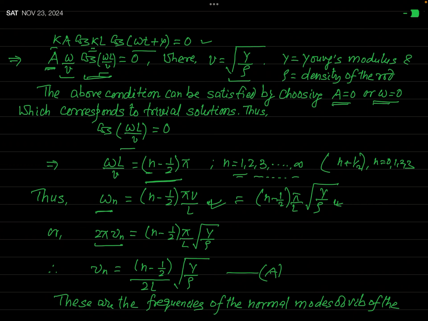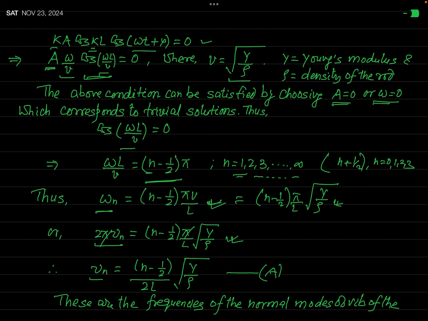So this above equation, which I am marking here, gives the angular frequency of the normal modes for longitudinal vibration of a rod fixed at one end and free at the other. But this result will give the value of the frequencies of vibration of normal modes, those frequencies which will be measured in hertz.